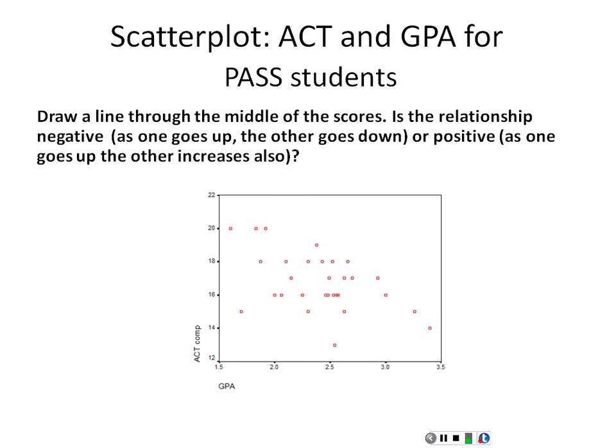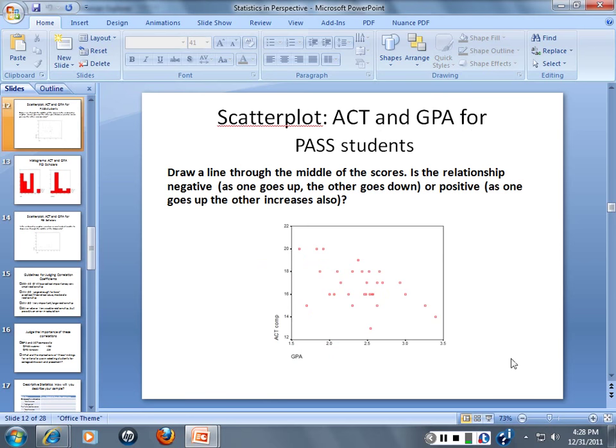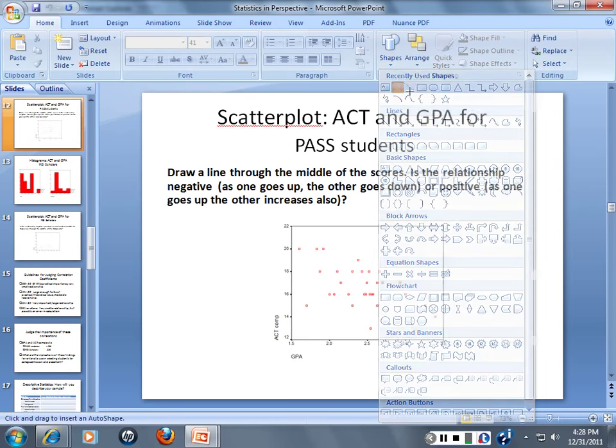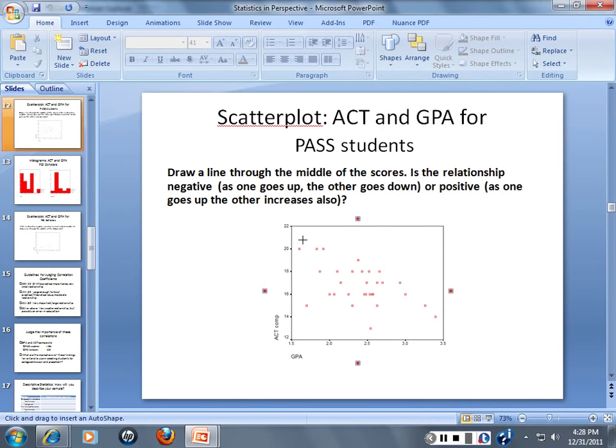Now here's a scatter plot of the ACT and the GPA for the PASS students. What I want to do here is show you how you would draw a line through the middle of the scores to show the relationship.